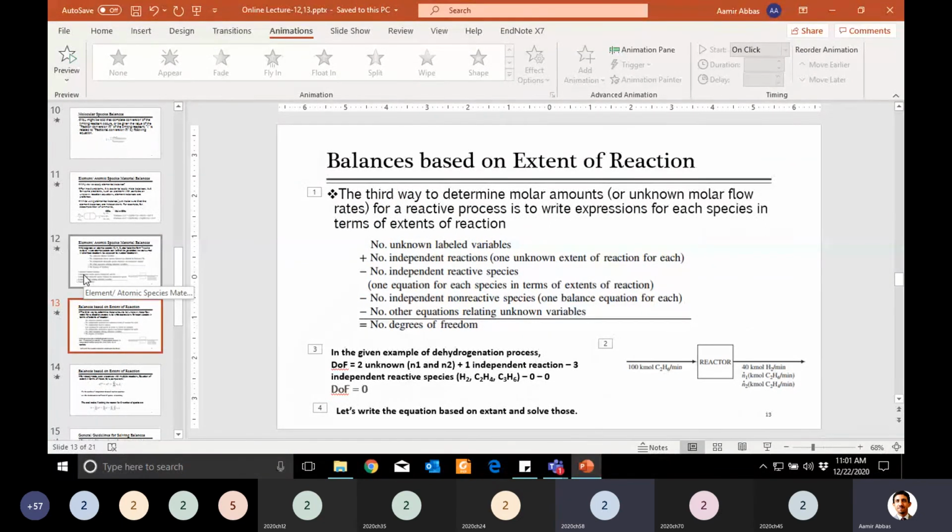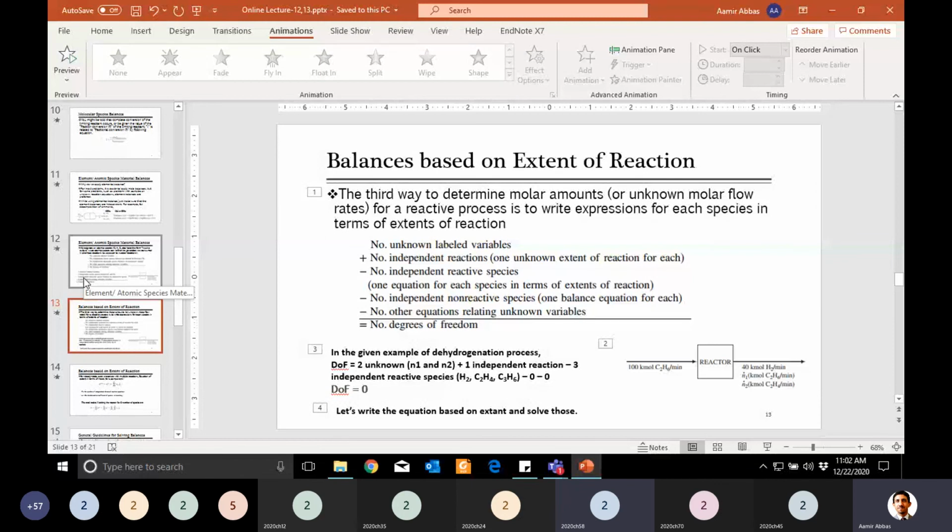If I just summarize it quickly, we have discussed that there are 3 types of systems which you can solve for material balance or reaction system. One is molecular species, atomic species, and the next one was extent of reaction. So we just briefly discussed how to write their equations. Molecular species, already you know, we learned something about atomic species balance: input will be equal to output, and how to get those elements and where they come from.